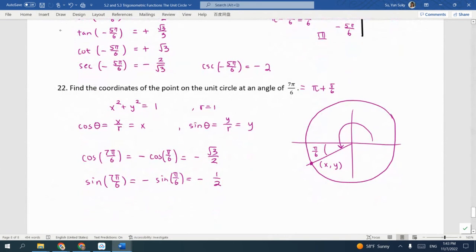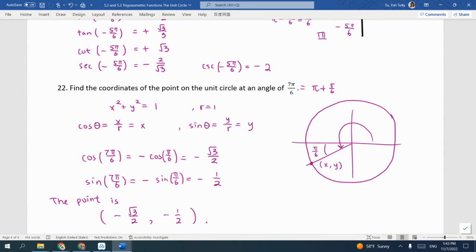So the coordinates: we have the x value, which is the cosine. Cosine is negative root 3 over 2. That is the x value. And then the y value is the sine. Sine is negative 1/2. Okay, so the point is this point.